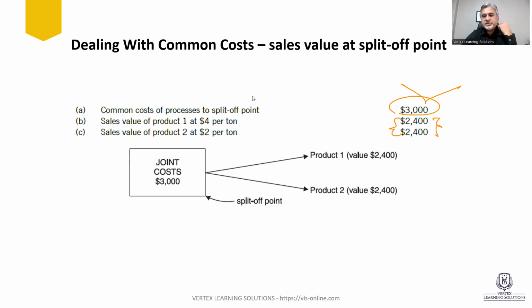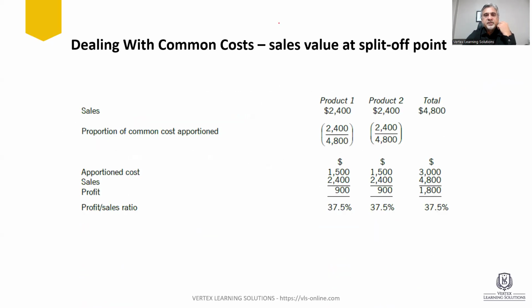And when you do this, you get these numbers. You get common cost equal because sales value is the same. You did not talk about the volume. Volume was 600 tons and 1,200 tons. You said forget about the volume. Let's talk about the sales value.